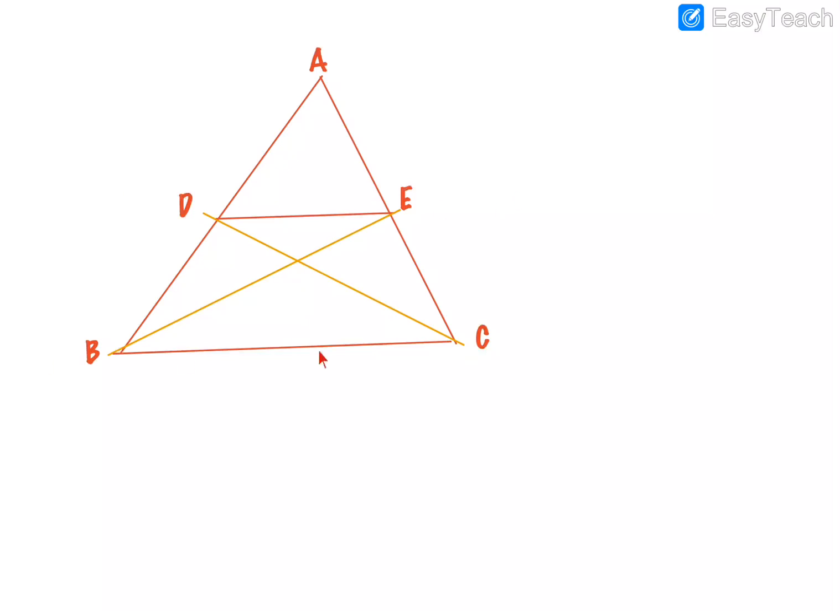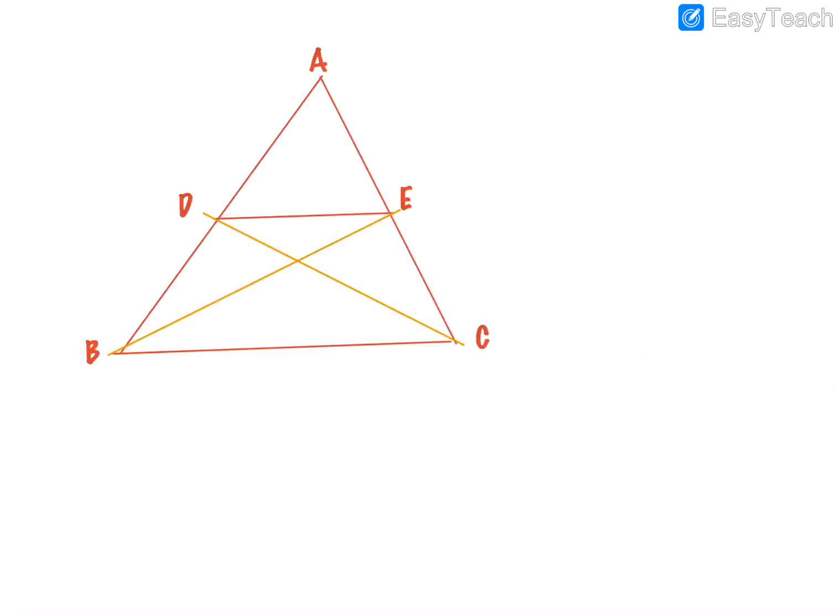Both are between same parallel lines, that is DE is parallel to BC, we know, we have drawn DE parallel to BC, so they are on the same parallel lines, and DEC and DEB have a common base DE. This triangle as well as this triangle have this common base, the same base, and are between same parallel lines. We have learned in our 9th standard that two triangles which are on the same base and between the same parallel lines are equal in area.